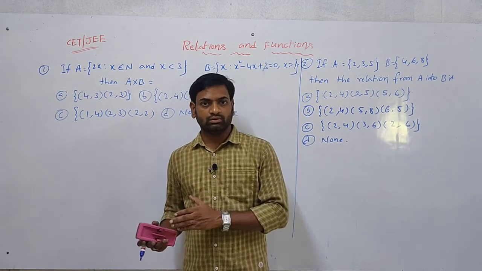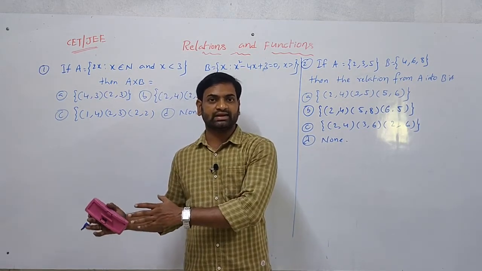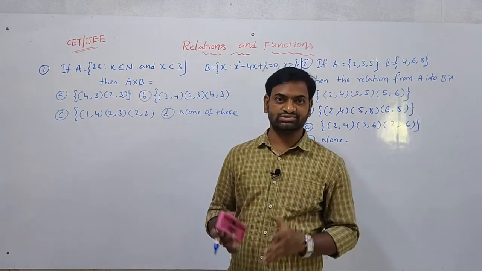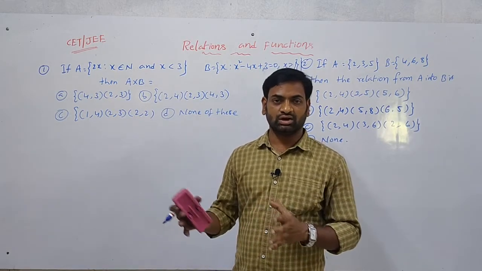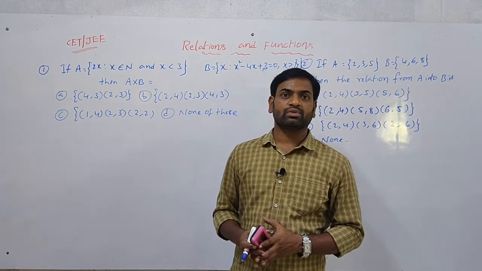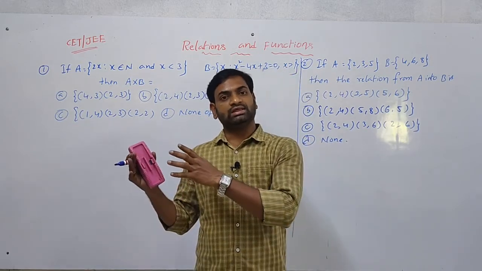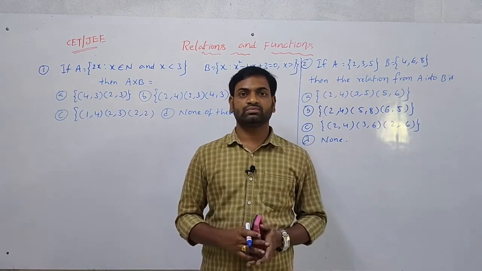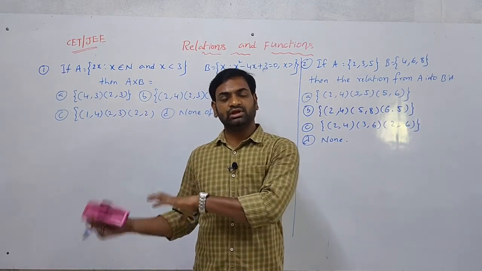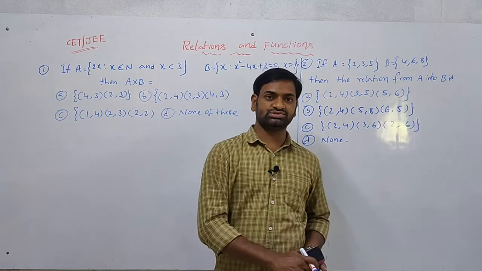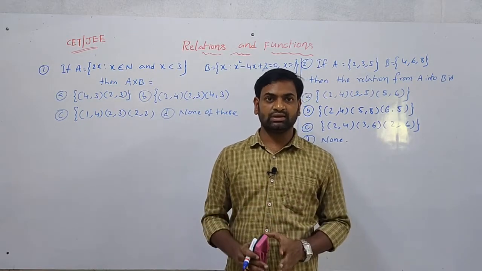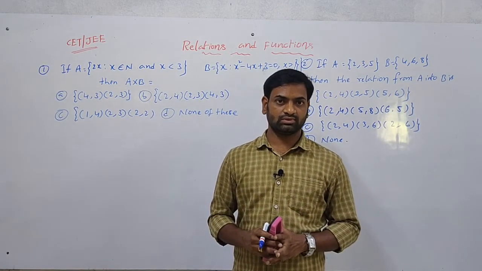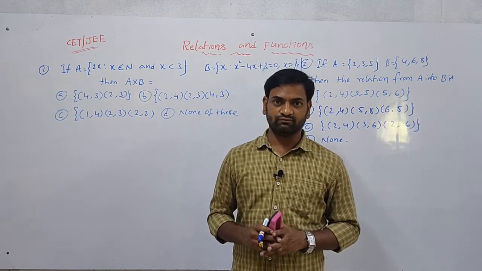And I already gave the logic between the number of elements and the number of equivalence relations. Next, an empty relation on an empty set is equivalence. An empty relation on a non-empty set is symmetric and transitive. That is the introduction for this topic.